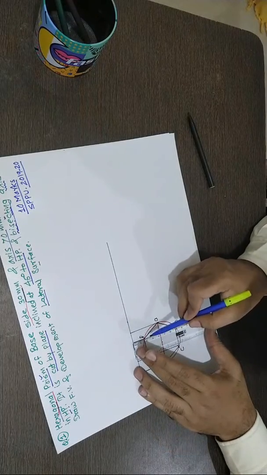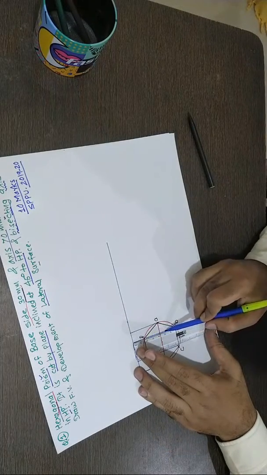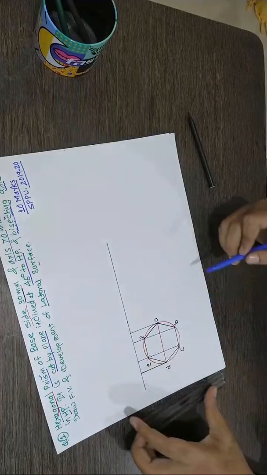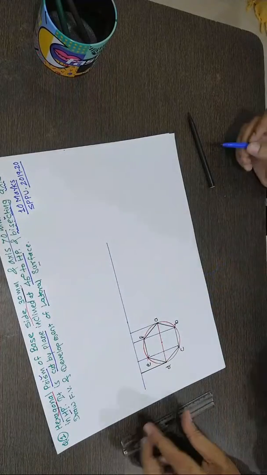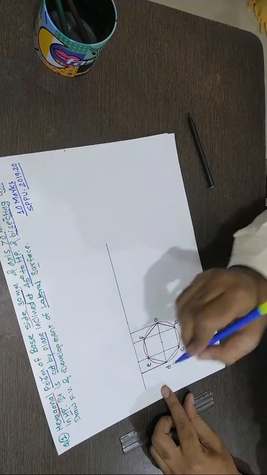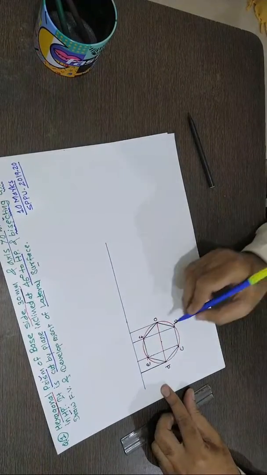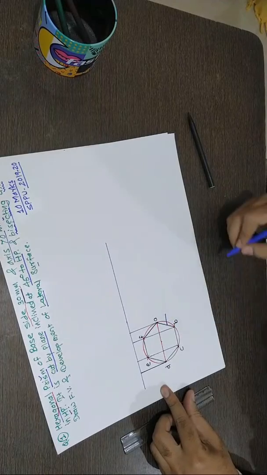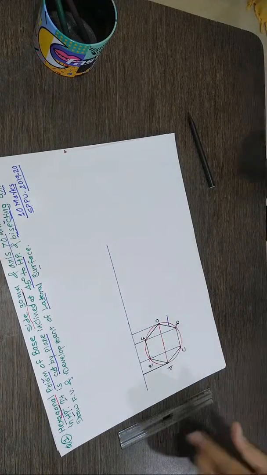Of course, I am drawing a freehand sketch, so there may be a slight error. So C and E are on the same line, and F and B are on the same line. Just take a projection. Remember, this is a hexagon and it should be darkened when you draw with a pencil.